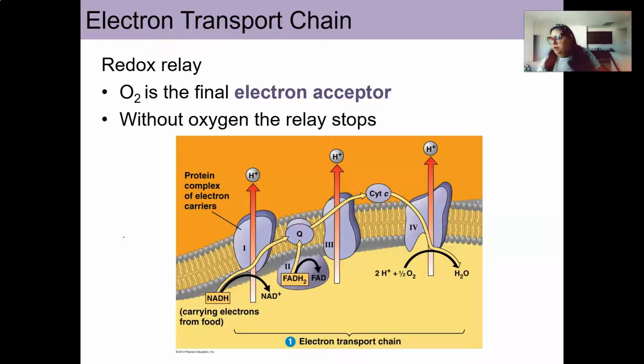So again, there's our oxygen. Why we need oxygen in our cells. We breathe. We need it. It is our final electron acceptor, accepts those electrons from all of those bonds that we broke. Without oxygen, the relay stops and we can't make water.